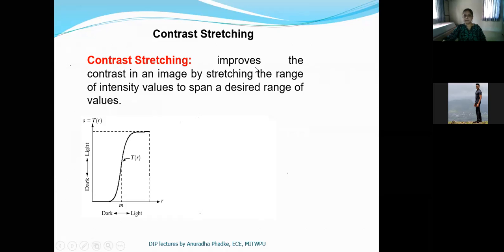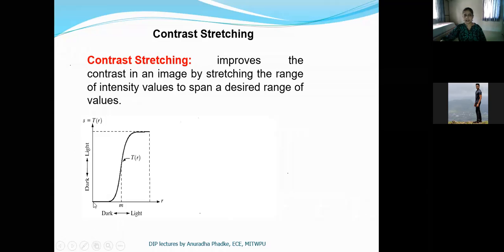It basically improves the contrast in an image by stretching the range of intensity values to span a desired range of values. Let us understand this statement. As shown in this curve, the x-axis represents the original gray value. r is the notation that we use throughout this lecture for the original gray value, and s is the notation for the enhanced or modified gray value.